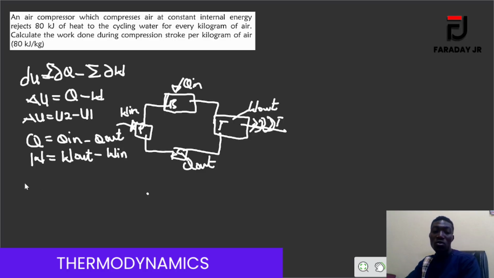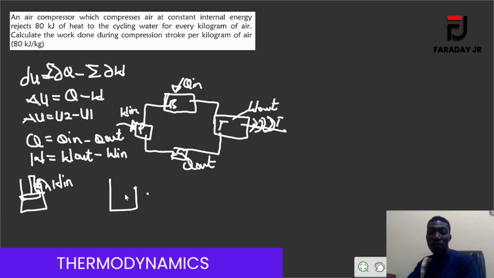Now when you talk about compression, compression means it's negative. As we talk about the same thing related to the piston, in case you have something like this, anytime we have the arrow coming in, this is where we have the work in. Then anytime the piston is moving out like this, that is now coming out, so this is where we have our work out.